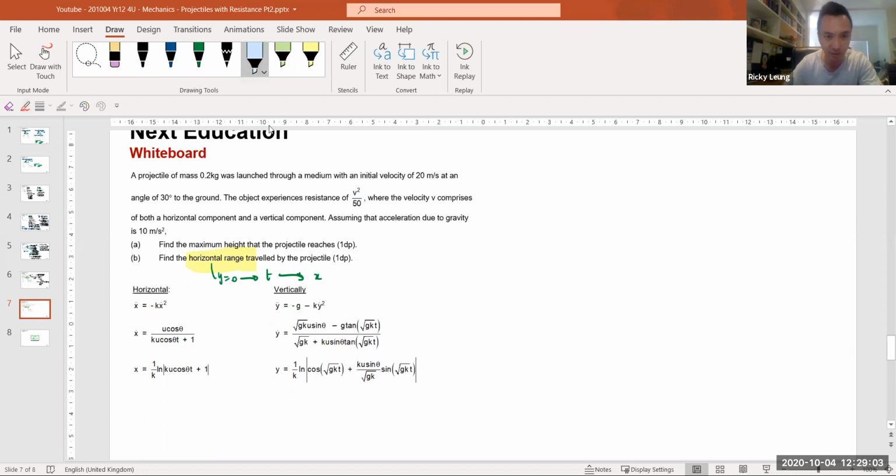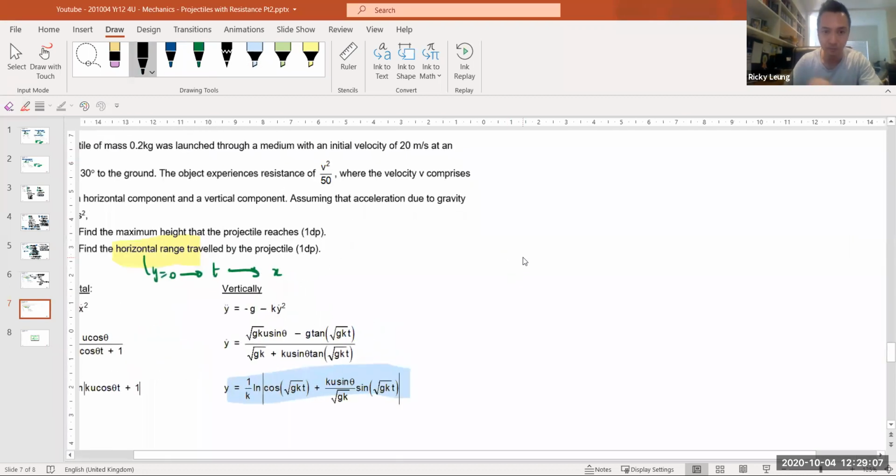All right. So let's see. So for part B, when y equal to 0, that's 1 on k ln cos, also let's not do k, right? We know k, that's 0.1. Sub everything in cos. I think I did it before.